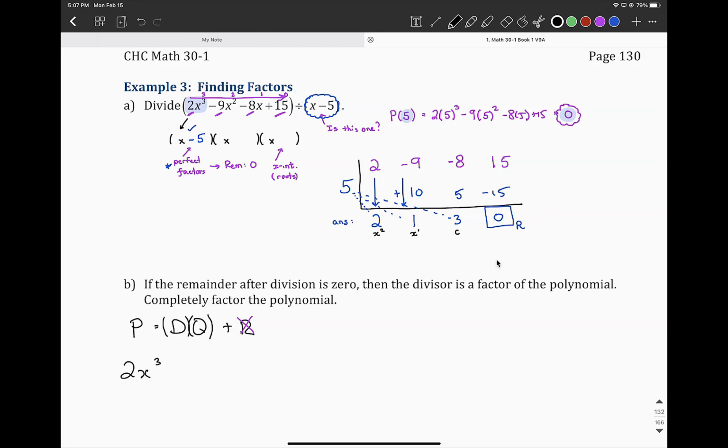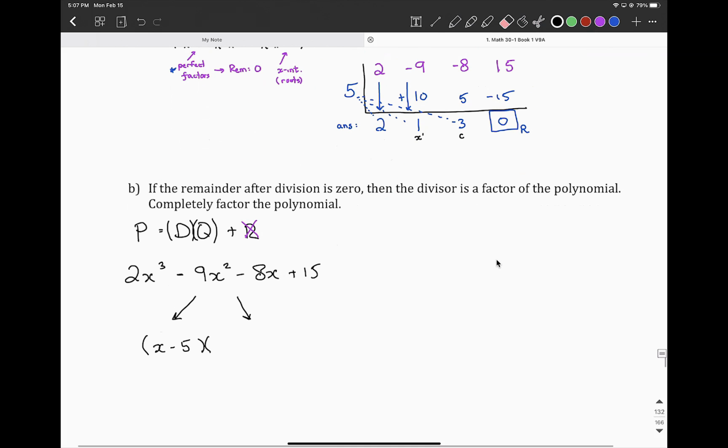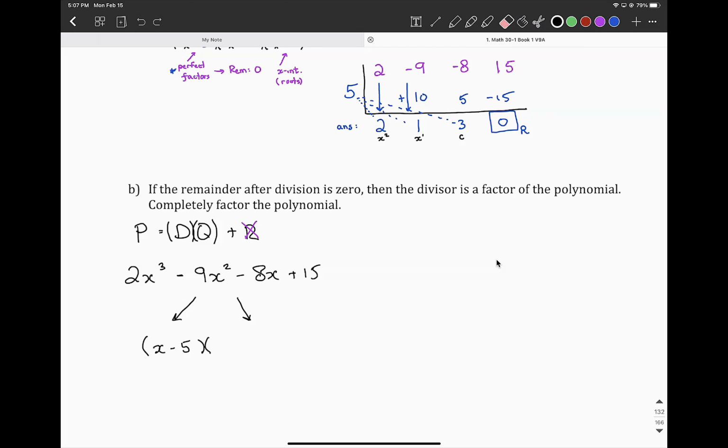So this means that 2x cubed minus 9x squared minus 8x plus 15 did indeed split into the perfect factor x minus 5, and in the quotient, we got 2x squared positive x minus 3 constant.